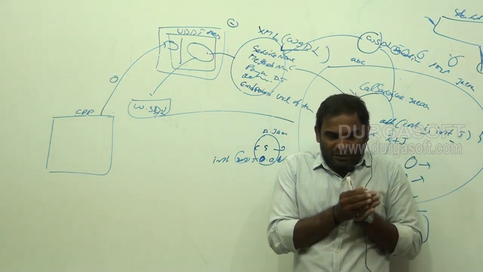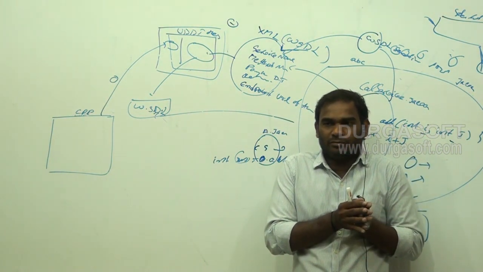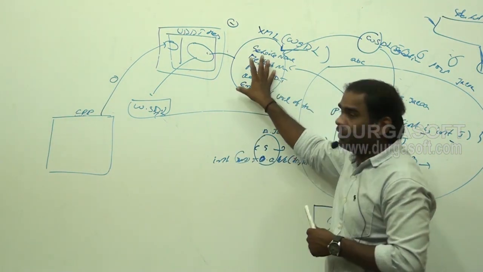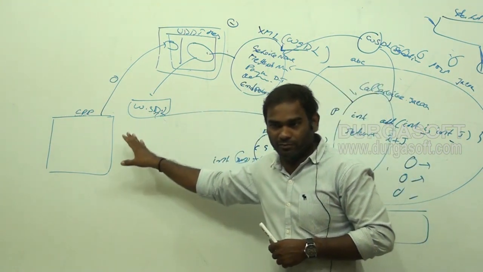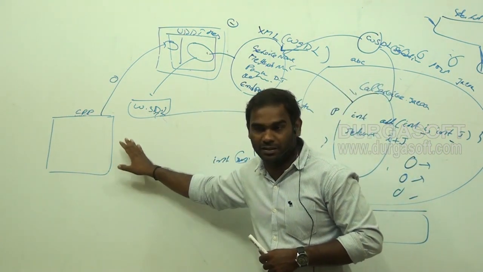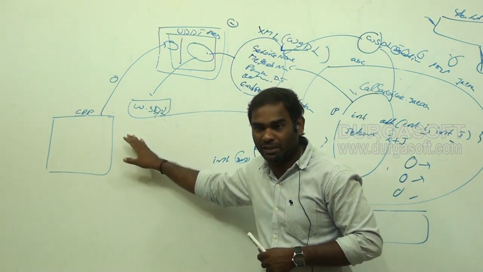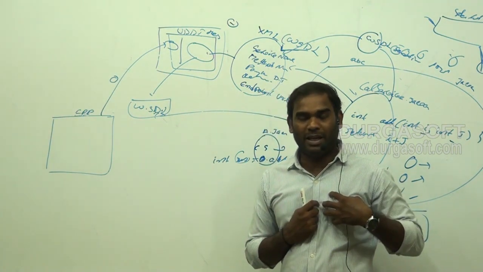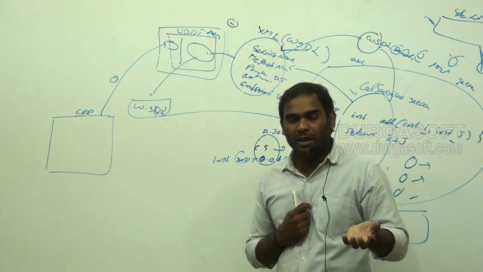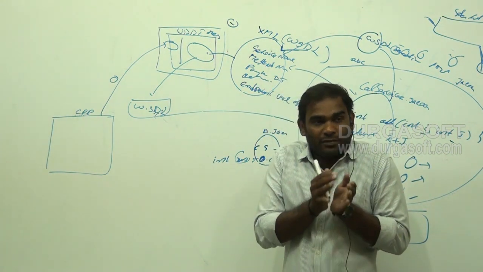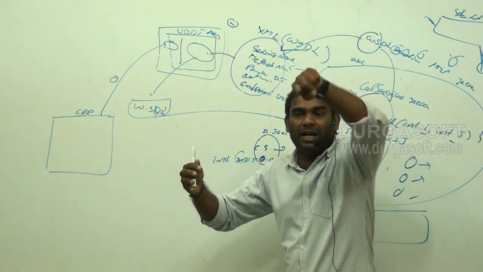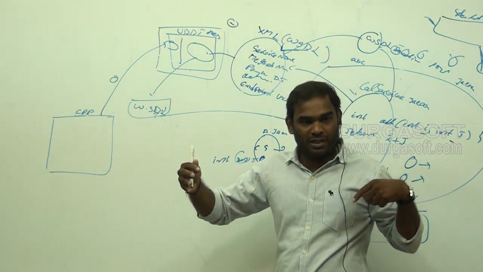Let us say if your service is invoked by some 100 people, it is difficult to share your WSDL file with everyone by sending emails. So instead of sharing my WSDL file with all the people, I want to store that WSDL file in one location. That address I will share with all the 100 people. Understood or not?